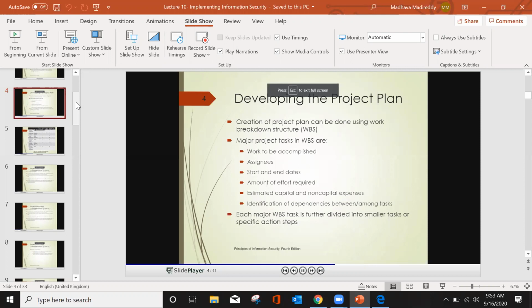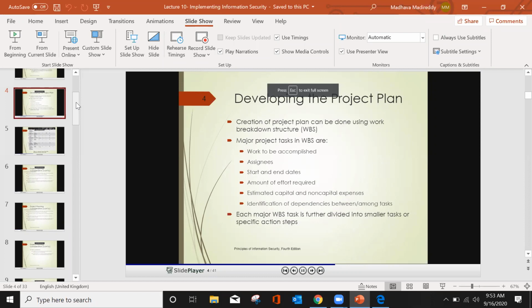No, capital means investment. It's a money investment. Like, if you need to start a business, you need capital. So a capital expense is the money that you need to put in. And then we have non-capital expenses. Non-capital expenses are usually time and resources.